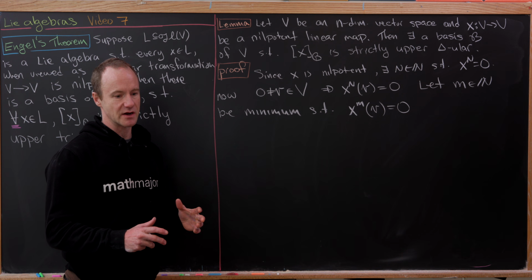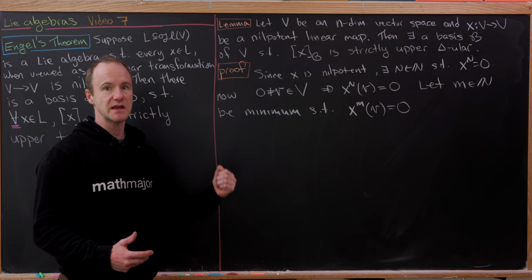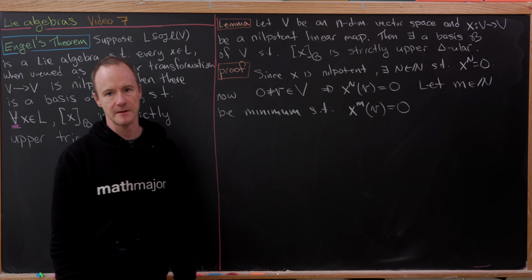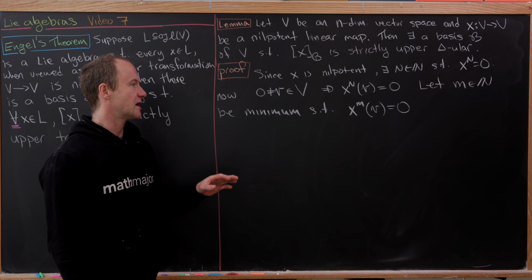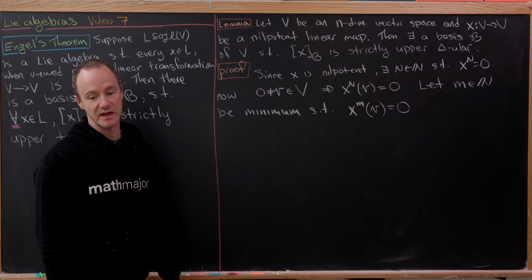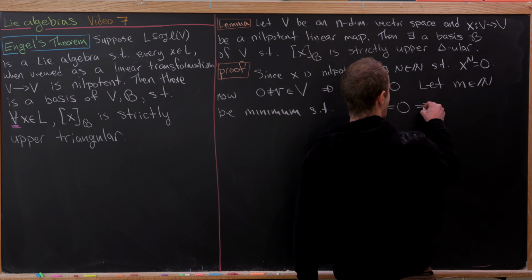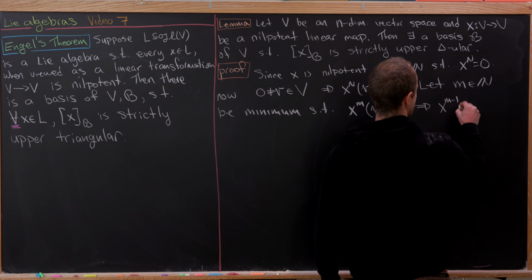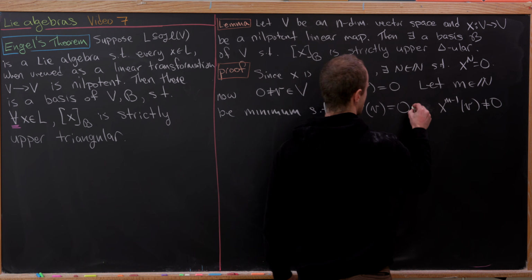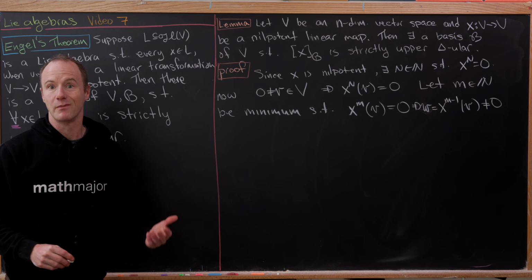So the idea here is we make a list of all of those vectors: x of v, x squared of v, x cubed of v, all the way up to x to the n of v. And we pick the smallest power of x that when we evaluate it at v, we get 0. Okay, good. But let's notice that that means that x to the m minus 1 evaluated at v is non-zero. That's just by the minimality of that number m.